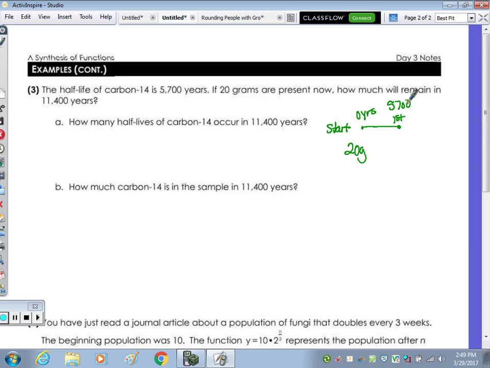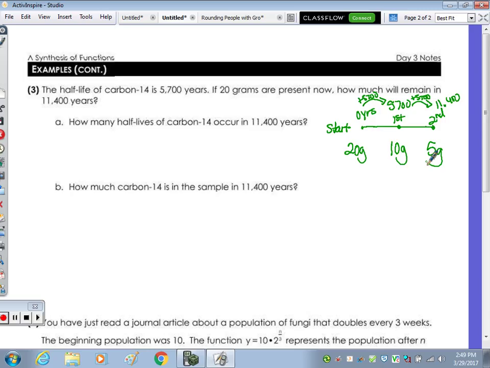So we cut that in half and we have 10 grams. Keep going out another half-life. So from here to here we add 5,700. Add another 5,700 years, and we're at how many years for the second half-life? 11,400. So we're only looking at 2 half-lives. Cut that in half and we have 5 grams.